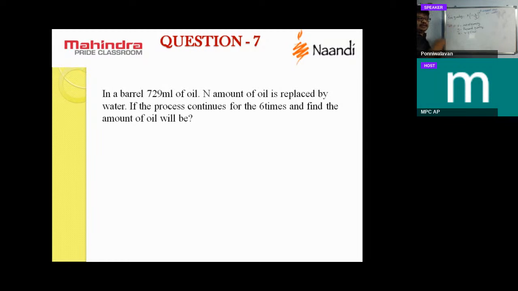Okay. What is the amount of oil we are taking out? What is the removal quantity we are taking out? N. What is the number of times? 6.